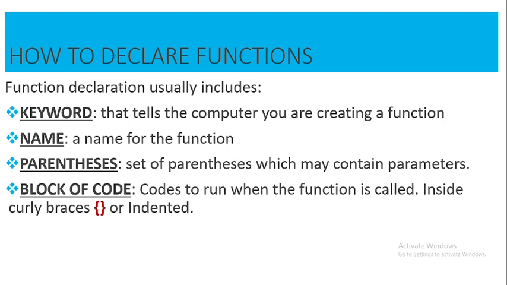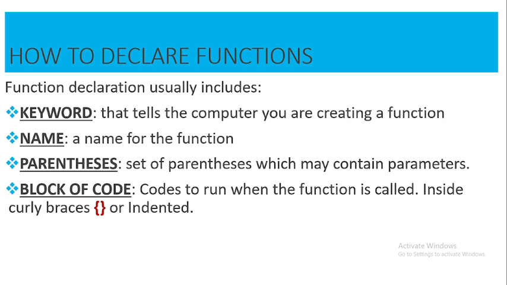After the parentheses, you have a block of code. The block of code is the code to run when the function is called. Depending on the programming language, we use curly braces or indentation.